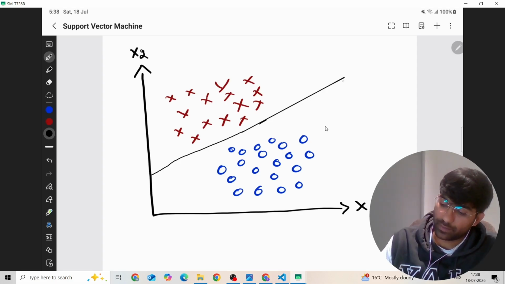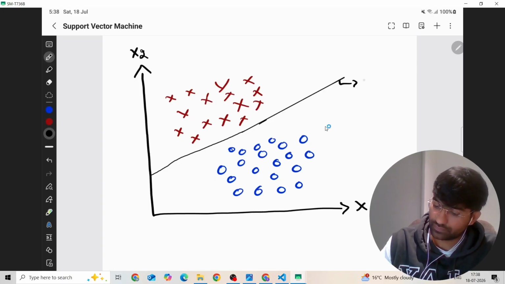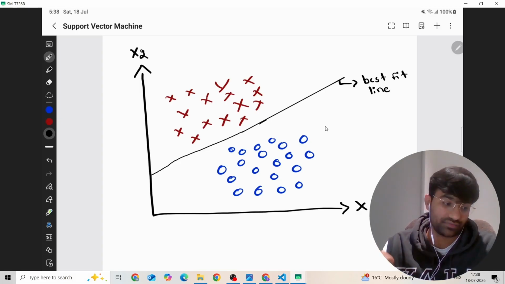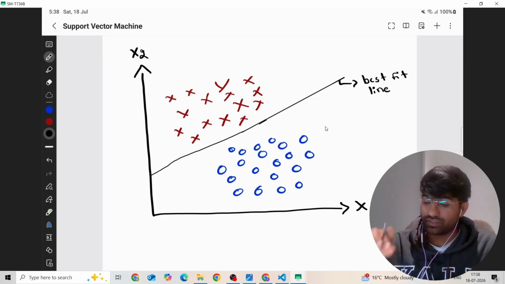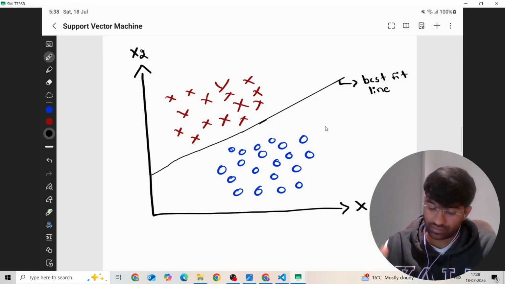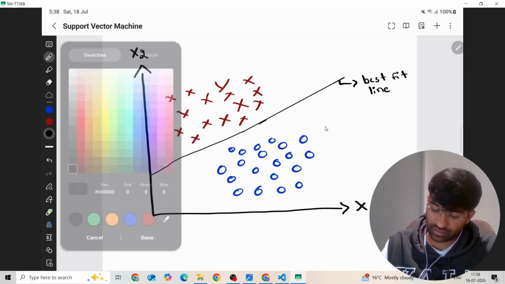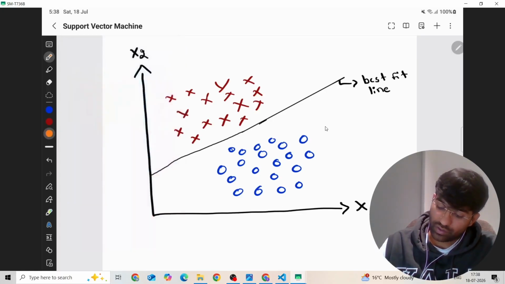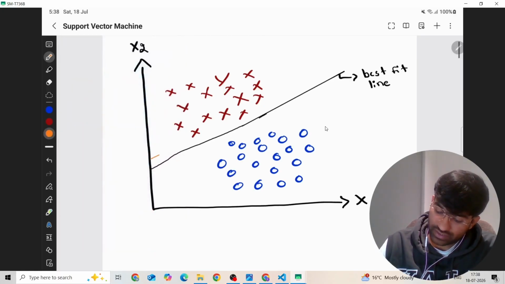This is the best fit line. Along with the best fit line, the support vector machine will draw the marginal planes.